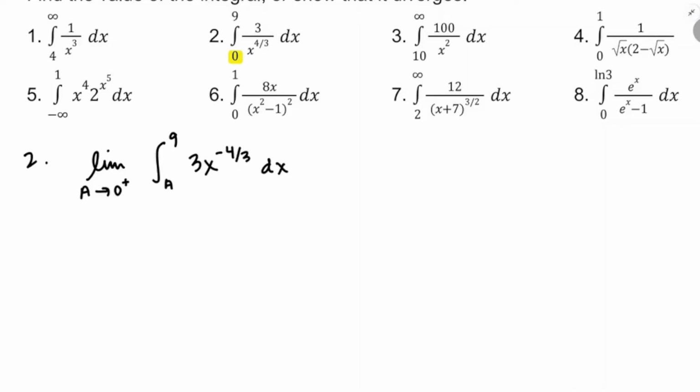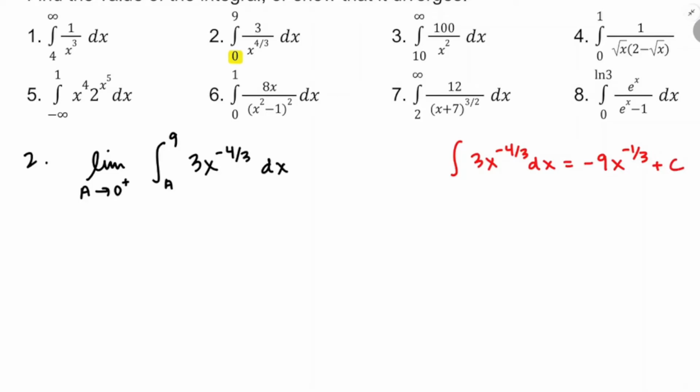Off to the side, I'm going to do the antiderivative step. I'm just thinking about the antiderivative of 3x to the negative 4/3. I was getting ahead of myself. That's going to equal add 1 to the power, so x to the negative 1/3, divide by negative 1/3, so it's like multiplying by negative 3, okay?